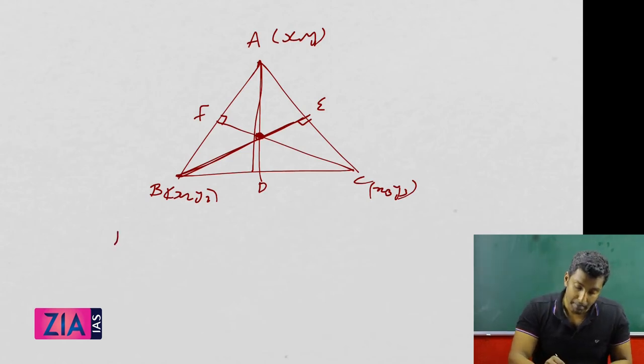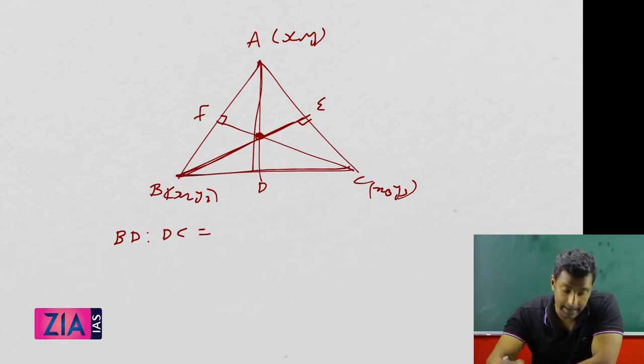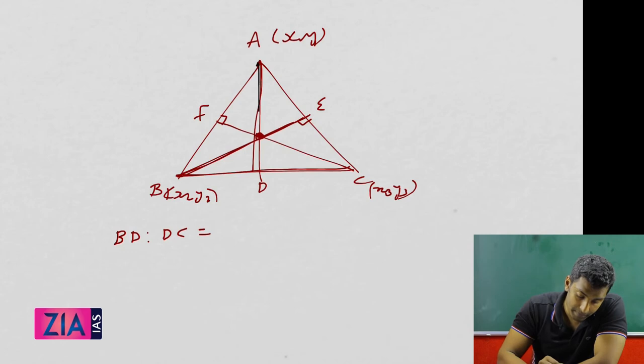See clearly, BD is to DC equal to, we are talking about the opposite side, from the vertex where the altitude or perpendicular is dropped.